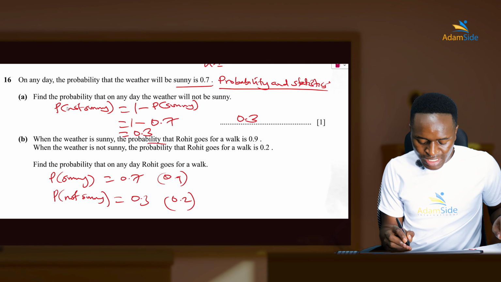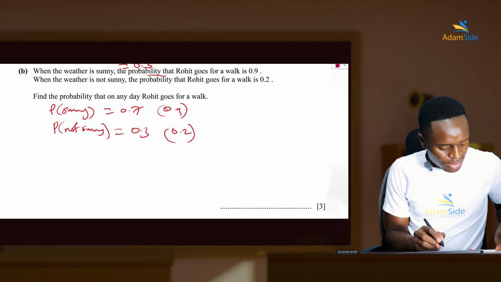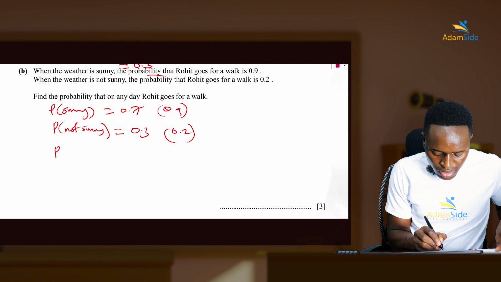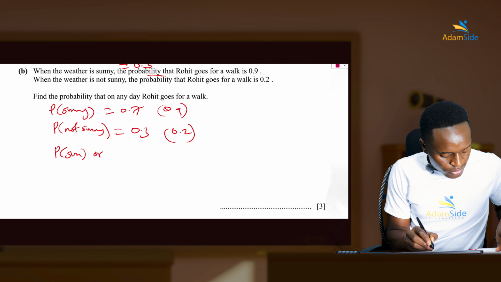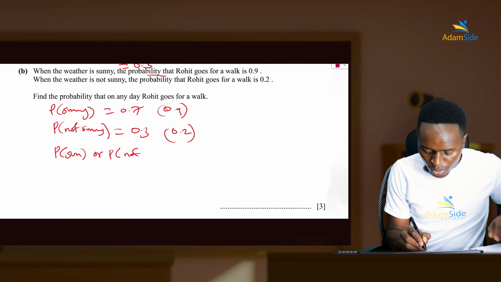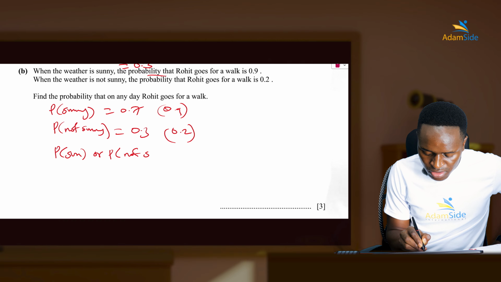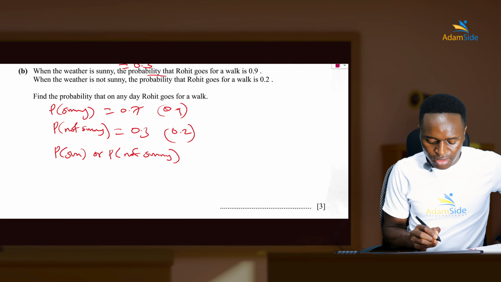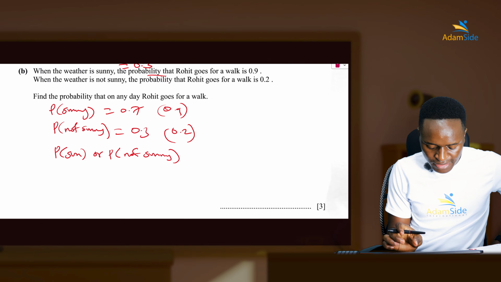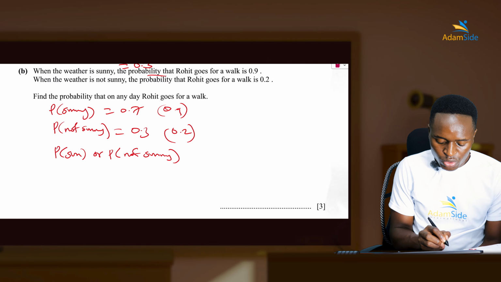Now, we consider the probability of Rohit going for a walk when it's sunny, or going for a walk when it's not sunny. They are independent events. So what do you do in that case?